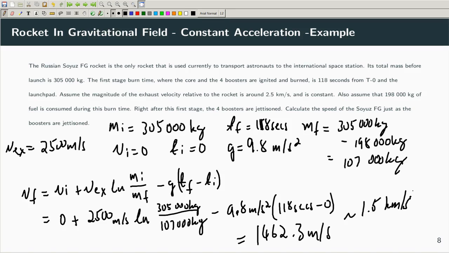This is, of course, ignoring atmosphere, slight variations in thrust, and so on. And I'd just like to finish on, earlier on I said that one of the achievements of Tsiolkovsky was that he developed the theory of rockets with stages. So why are rockets such as the Soyuz designed this way?